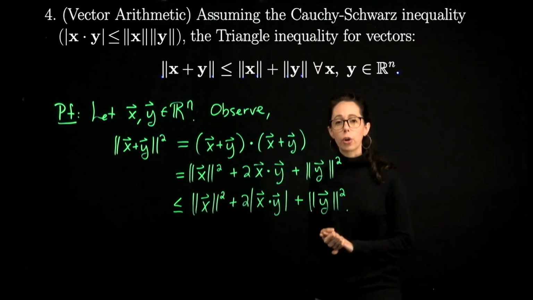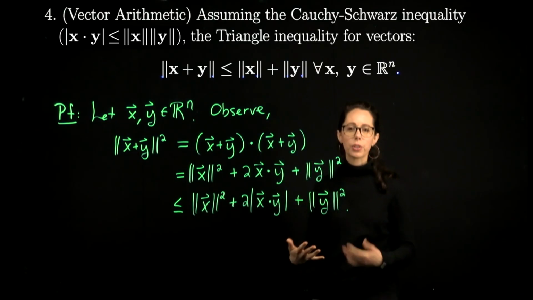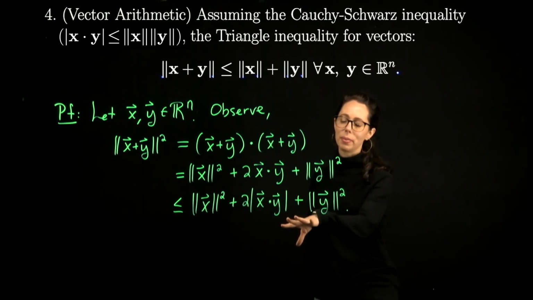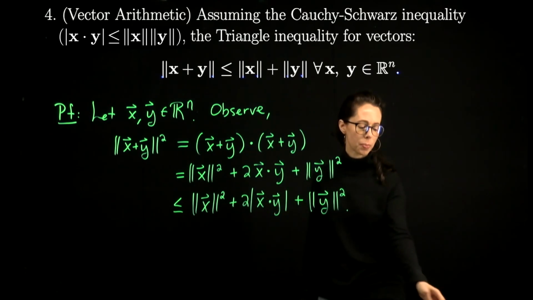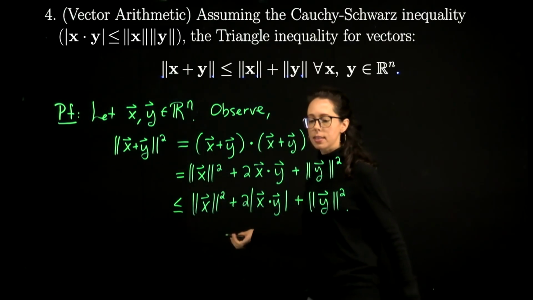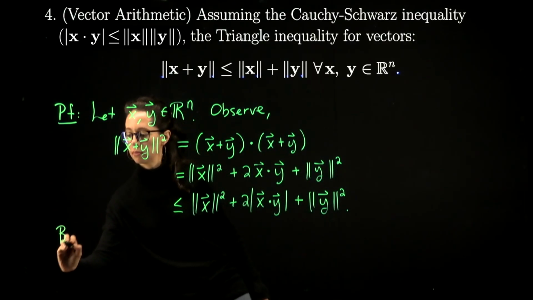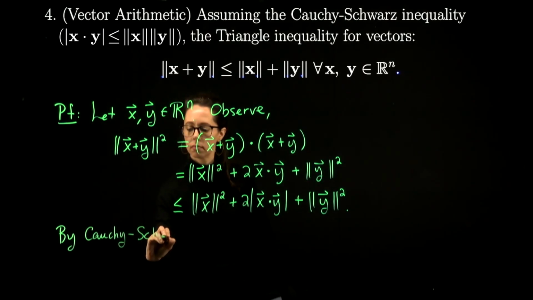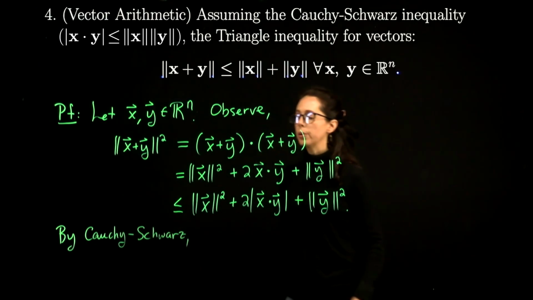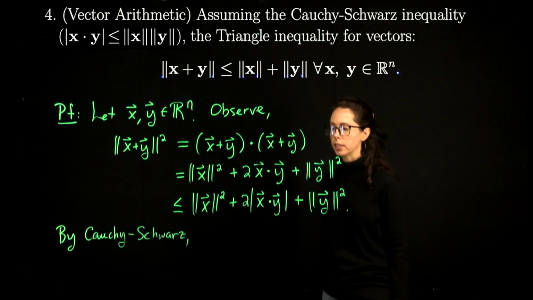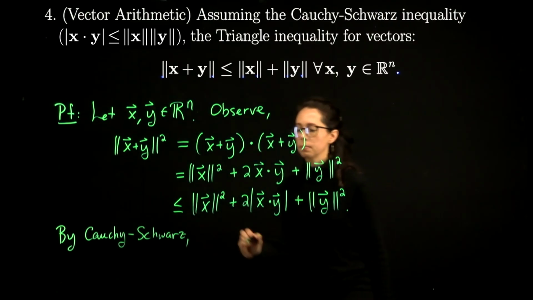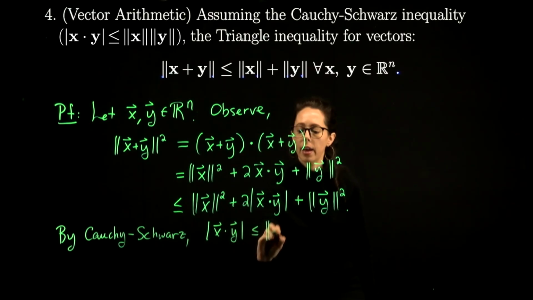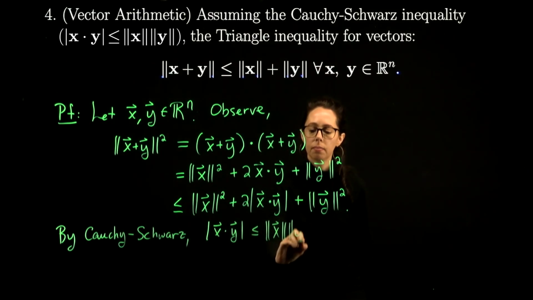Now we are going to bring in Cauchy-Schwarz. There are a couple ways you could do that. You could say using Cauchy-Schwarz along the way, or we could continue and at the end put where we have used Cauchy-Schwarz. But I'm going to just stop my computation here and say by Cauchy-Schwarz, it's a well-known inequality on vector dot product and norm. The absolute value of x dot y is less than or equal to the length of x times the length of y.